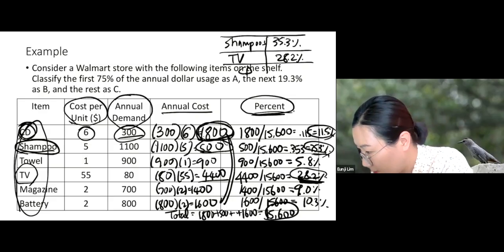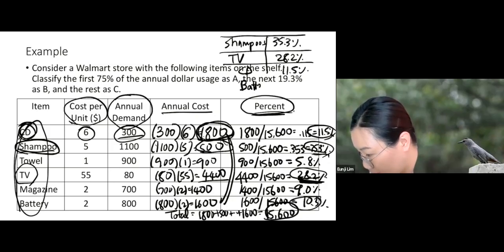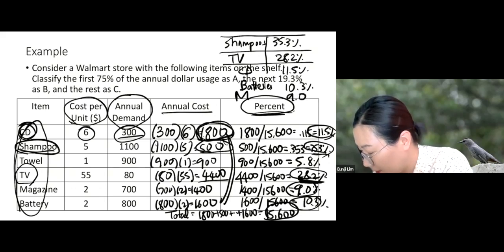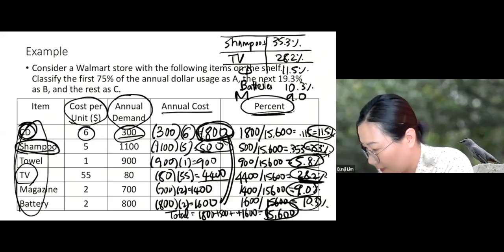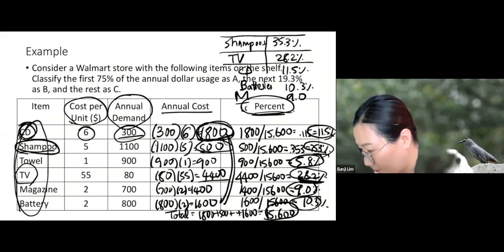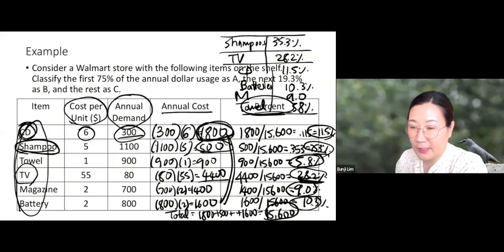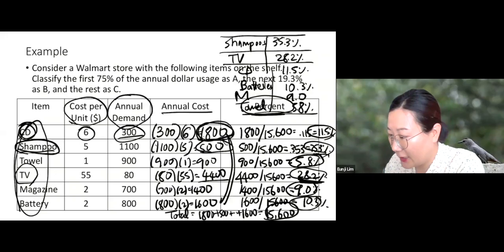CDs, 11.5%. The next one, batteries, 10.3%. Next one, magazines, 9.0%. And the last one is towels, 5.8%.